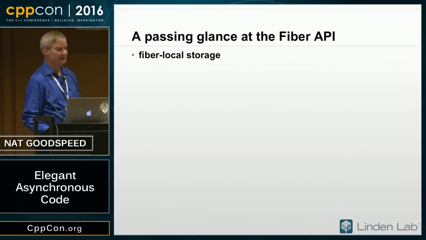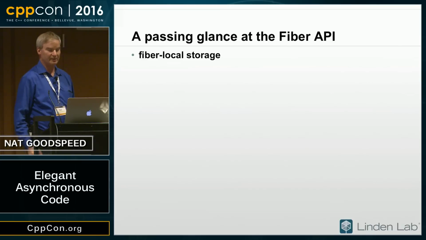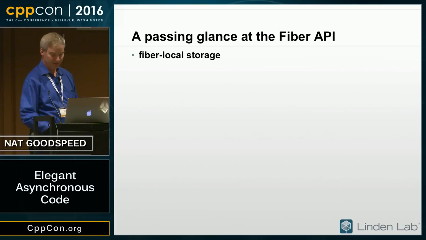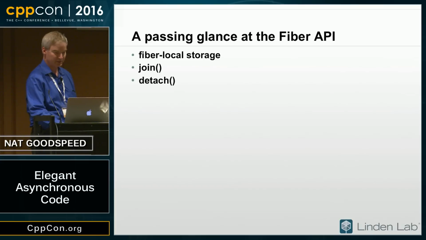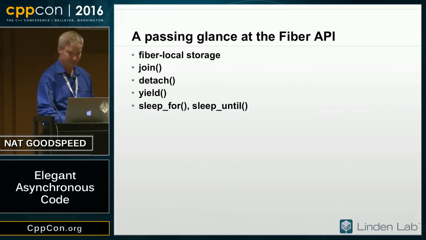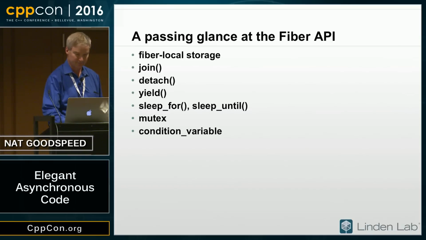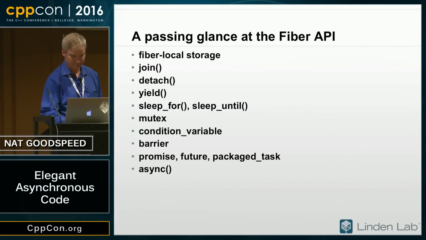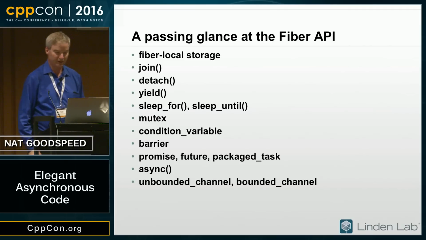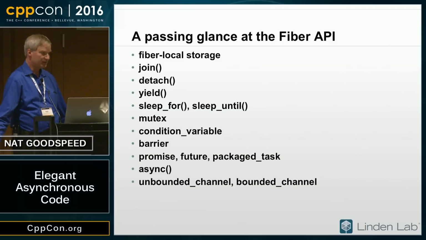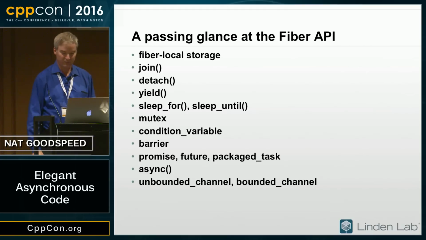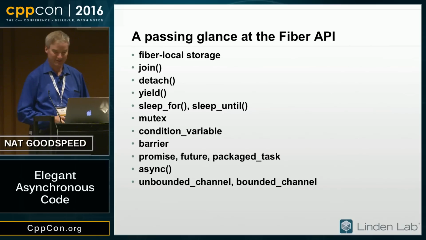The Fiber API is based on the standard thread API, reflecting the role of fibers as userland threads. It supports the usual suspects. In addition, we get these fiber-aware communication queues. As you might suspect from their names, a producer fiber can push an arbitrary number of items to an unbounded channel at risk of arbitrary memory consumption.